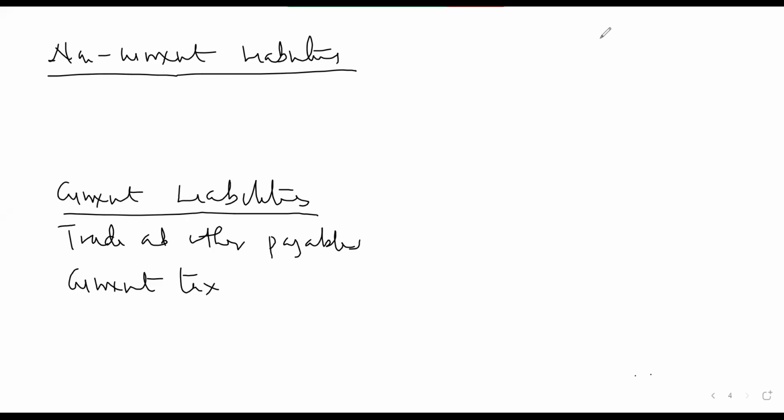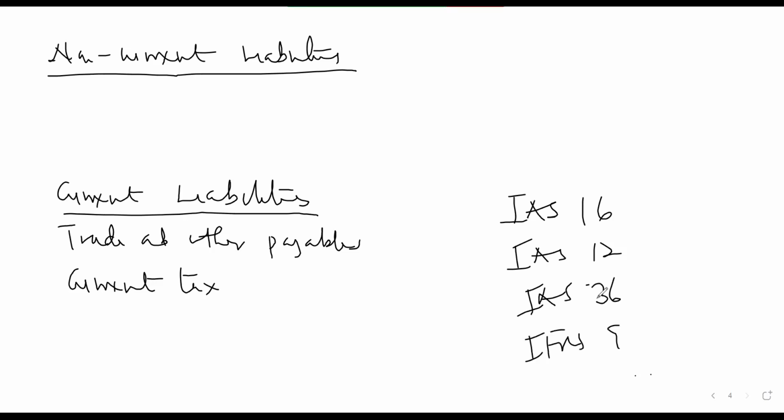The standards that you'll be using more are IAS 16, property, plant, and equipment, IAS 12, income tax, IAS 36, impairment, IFRS 9, financial instruments, IAS 37, which is provisions. You can also be having issues with foreign exchange transactions.